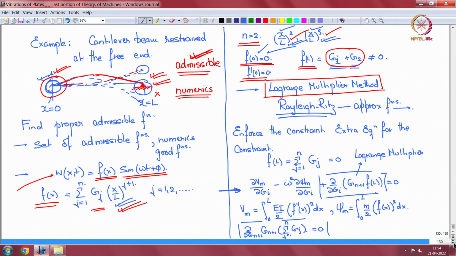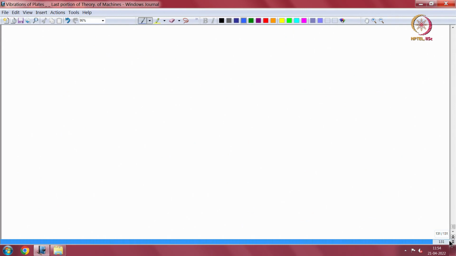So I'll do an example for n equal to 2. What is my f of x? That is equal to g1 (x by L) squared plus g2 (x by L) cubed. Then what is f dash?